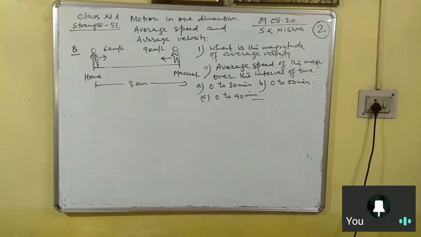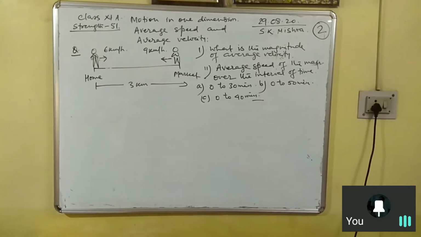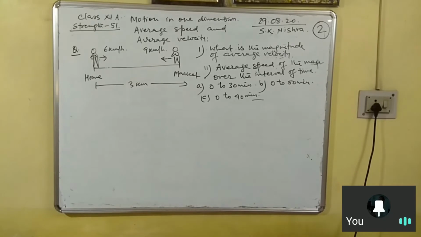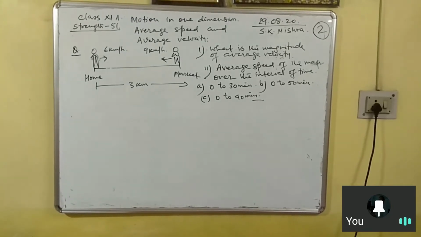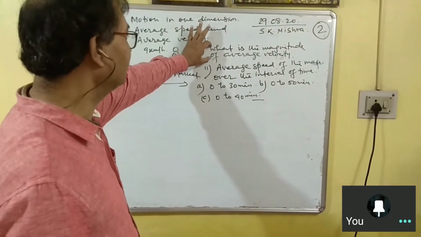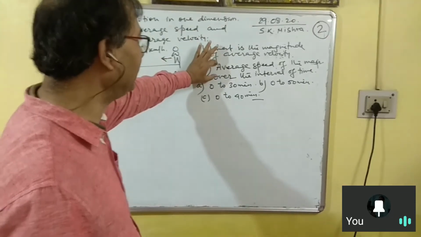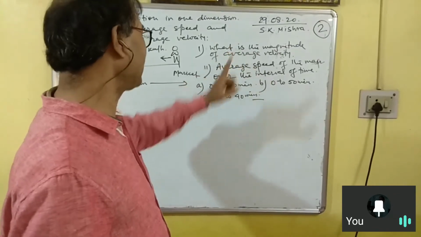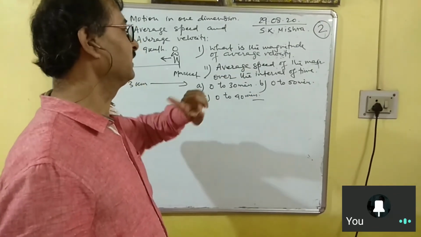Now start solving. What is the magnitude of average velocity? Actually, you have to find the average velocity and average speed for these parts A, B, C. So what is the average velocity in 0 to 30 minutes?